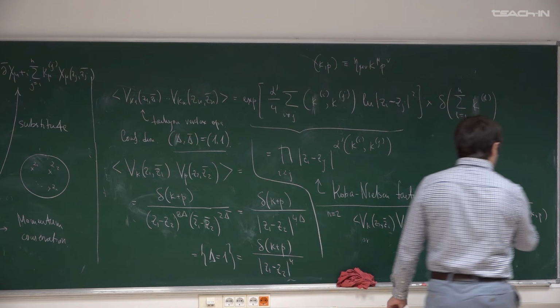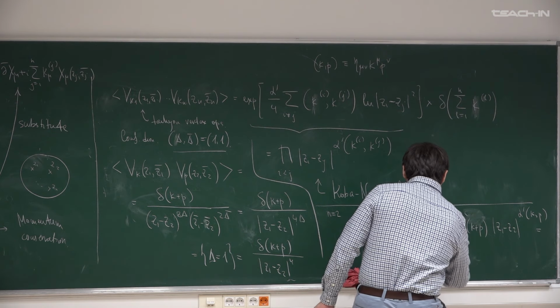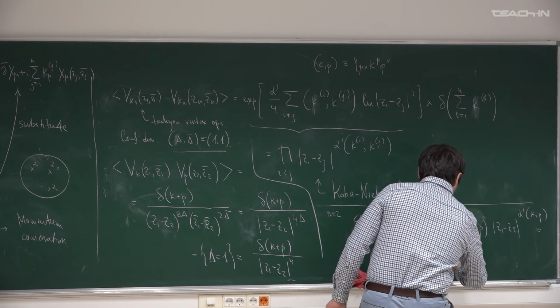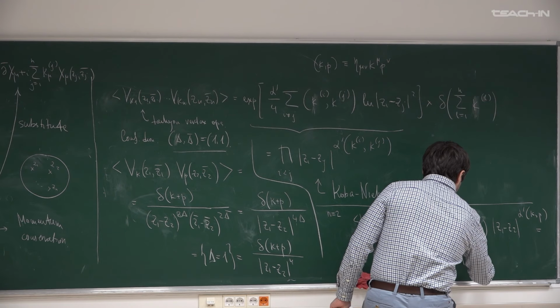And since p is minus k, this is delta function of k plus p, times z1 minus z2 to the minus alpha prime k squared.